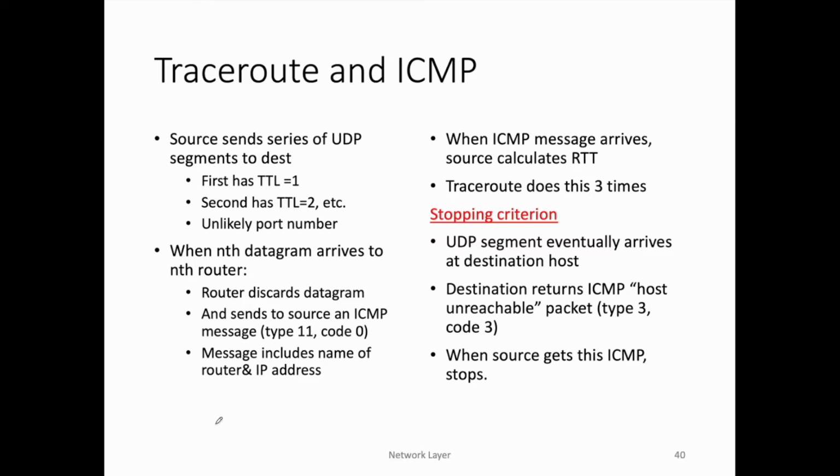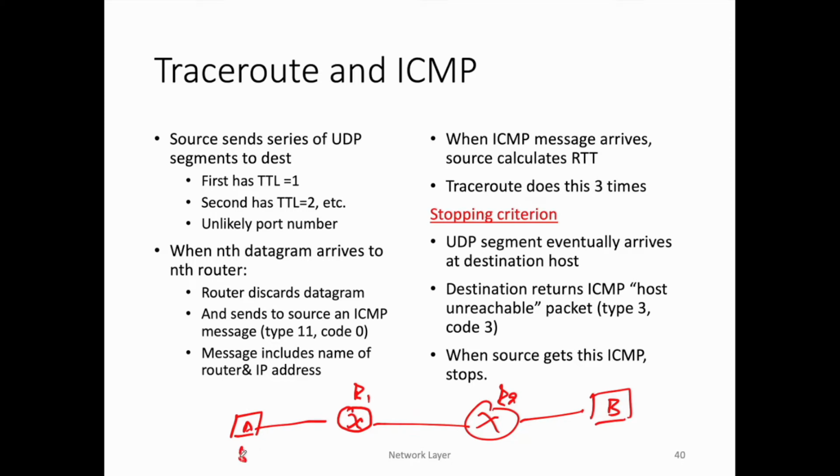For example, say I have a node A here, and node A is connected to a router R1, and R1 is connected to another router R2, and R2 is connected to the machine B, which is the destination machine here.